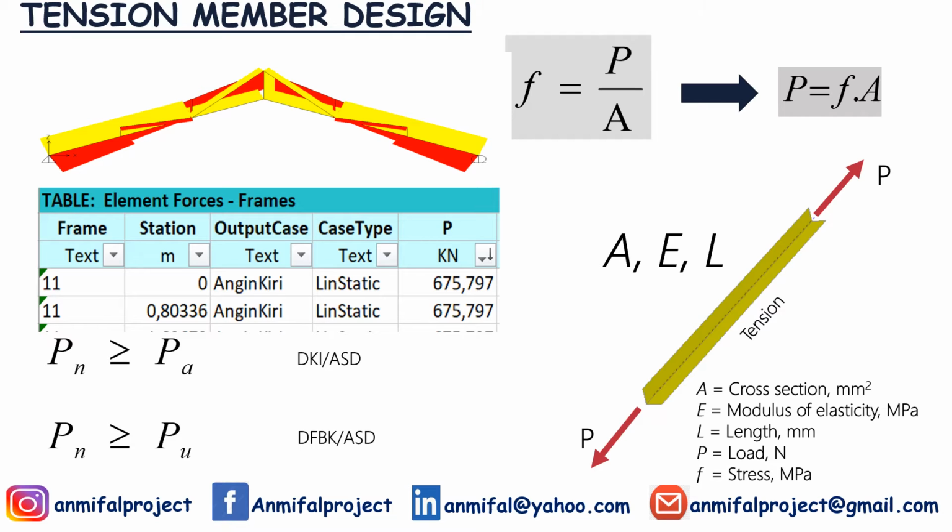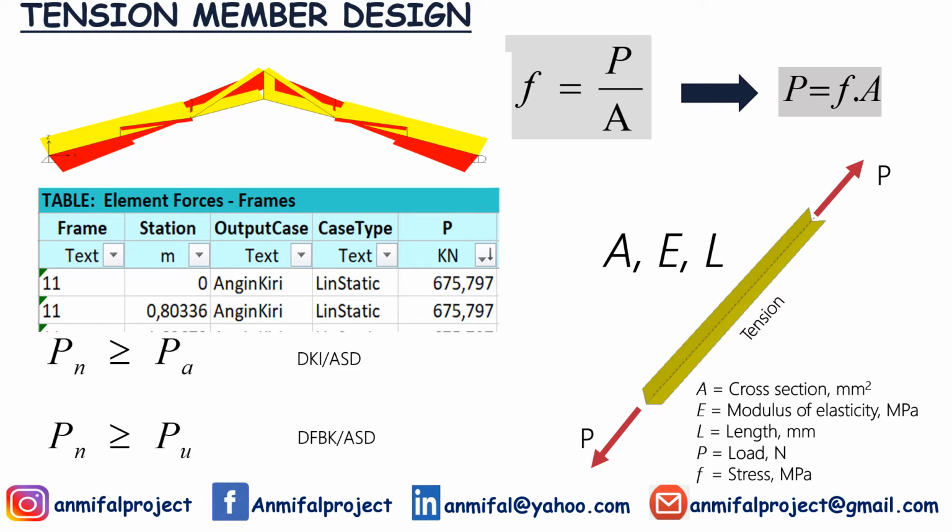The equation given is that the tension stress occurring in the cross section of the member, F, is equal to the tension load P divided by the cross-section area of the member A, or in another form, the tension load is the tension stress multiplied by the cross-section area.